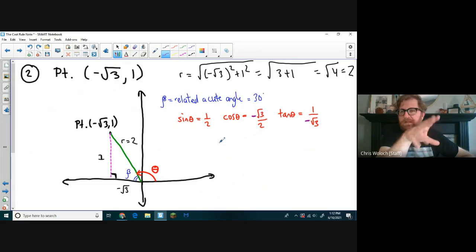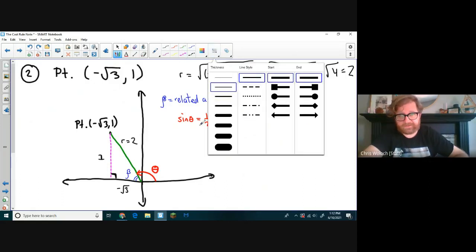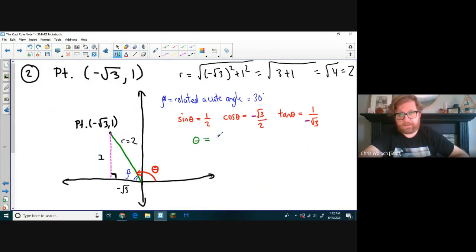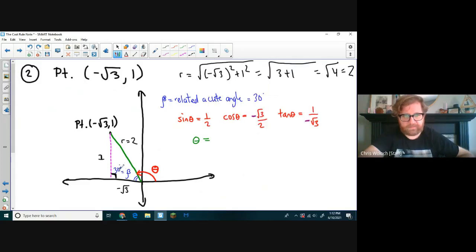Now this is where we have to be aware of the calculator, because we can't 100% fully trust any calculator we use. If we ask what theta is, looking at this diagram, we know beta is 30 degrees, so theta is just 180 minus the related acute angle.